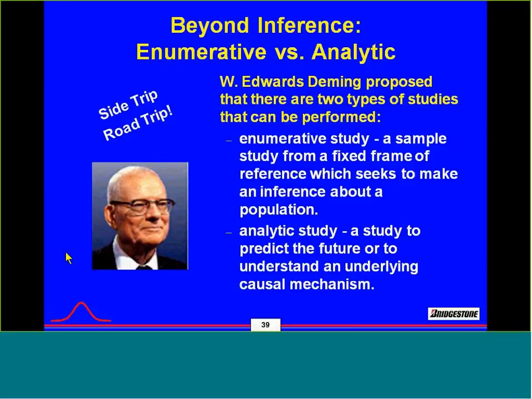Edwards Deming talked about an analytic study, and the motivation behind the analytic type study was to truly understand a causal mechanism. So what he states here is that you make sure to collect data over time from this system to prove causation.